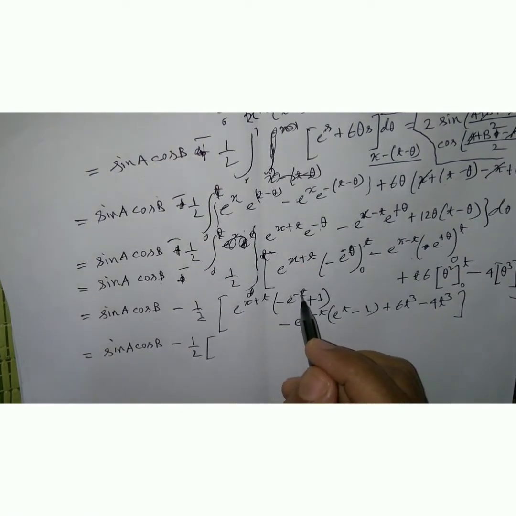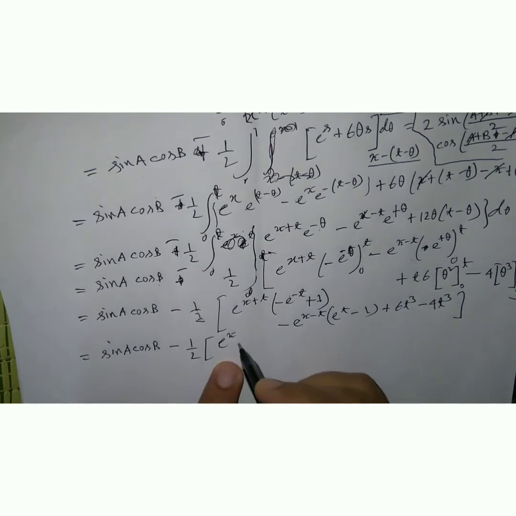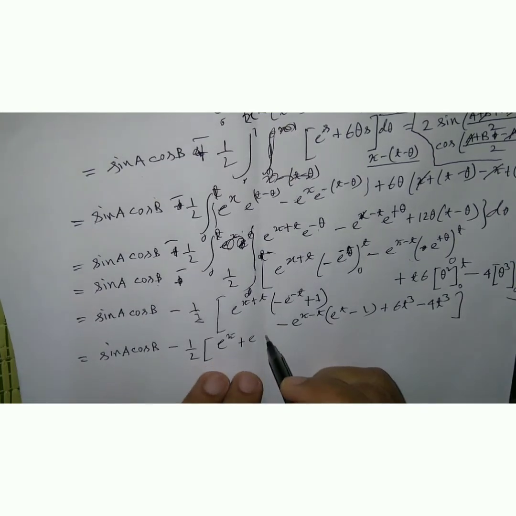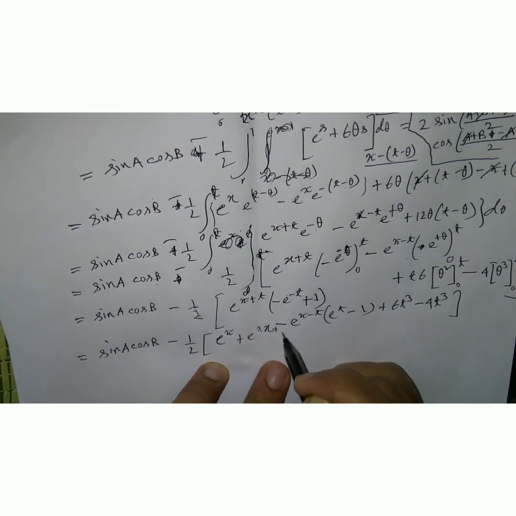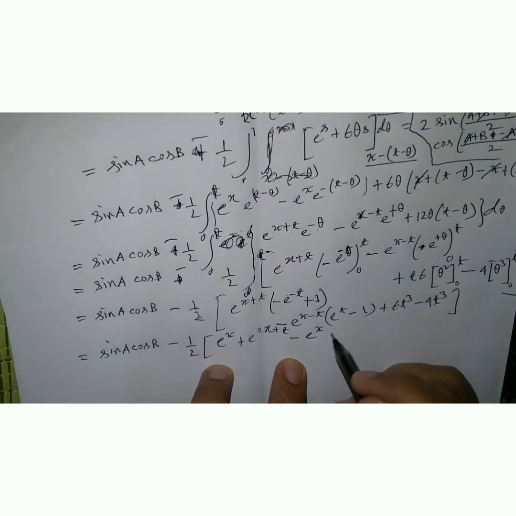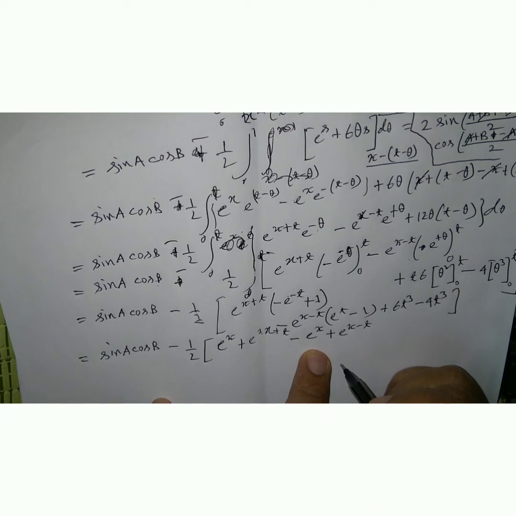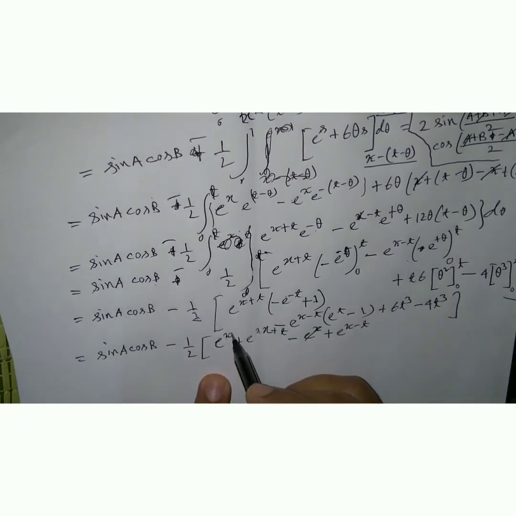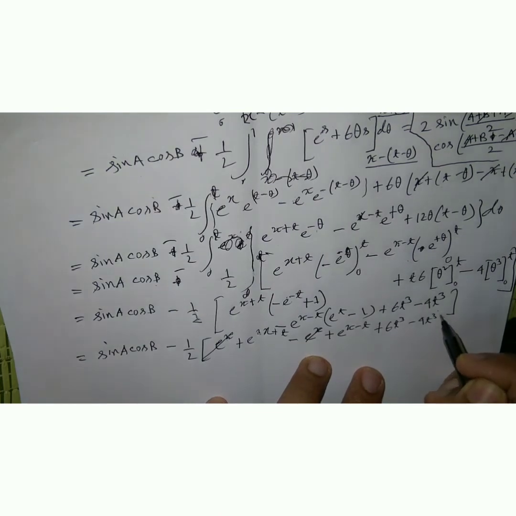e to the power x, I put in here minus t, so e to the power x will come, and plus e to the power x plus t, and minus e to the power x, and in here e to the power x minus t will come, plus, and this portion and this portion will cut, plus 6t cube minus 4t cube.